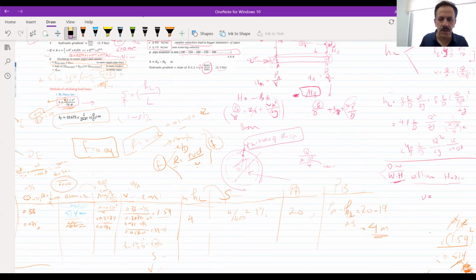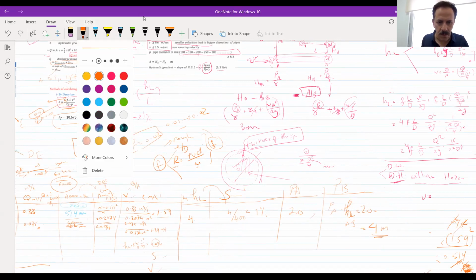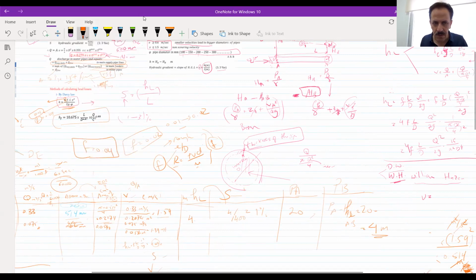Now, sorry, it will be 1 meter. 1%, the head loss now we have is 4 divided by 400, which is 1%.